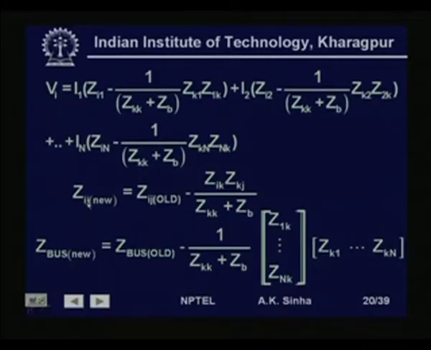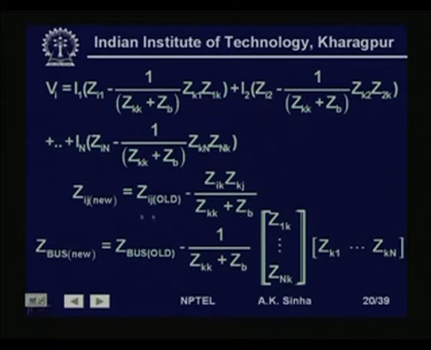So, finally, we get that the new elements of the Z bus matrix can be seen as Zij new values will be Zij old values, minus Zik into Zkj divided by Zkk plus Zb.